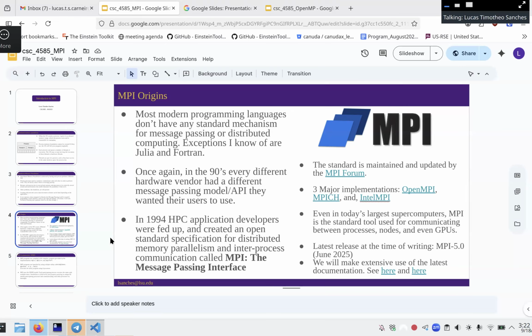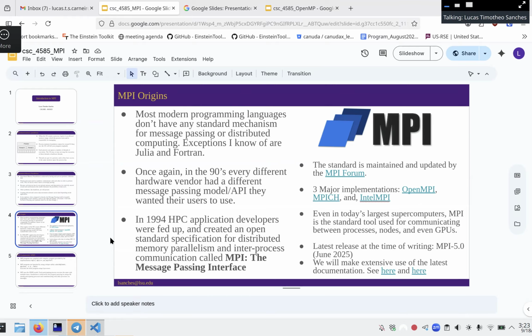And MPI is very, very relevant even today. You probably heard about the Top 500 list, the list of the 500 fastest supercomputers in the world. All of these supercomputers, regardless of whether they're using CPUs, GPUs, or other kinds of accelerators for their computations, are using MPI for their interprocess and internode communication.